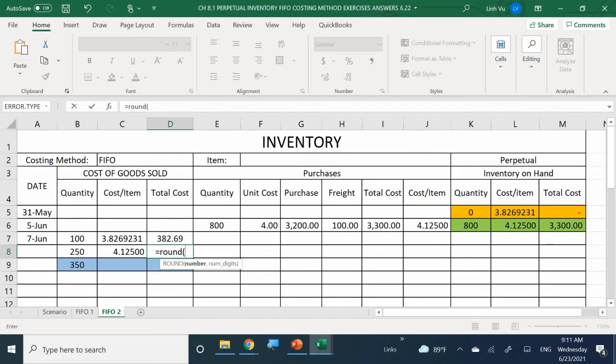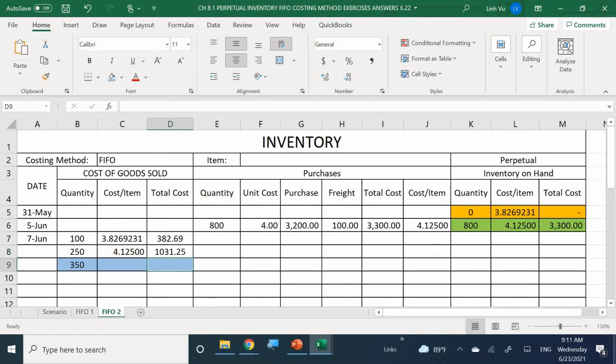I need to know how much I'm going to sell if I'm going to sell a total of 250 of those items. So what is my total cost of goods sold? 1,031.25. 1,031 and 25 cents. Okay?